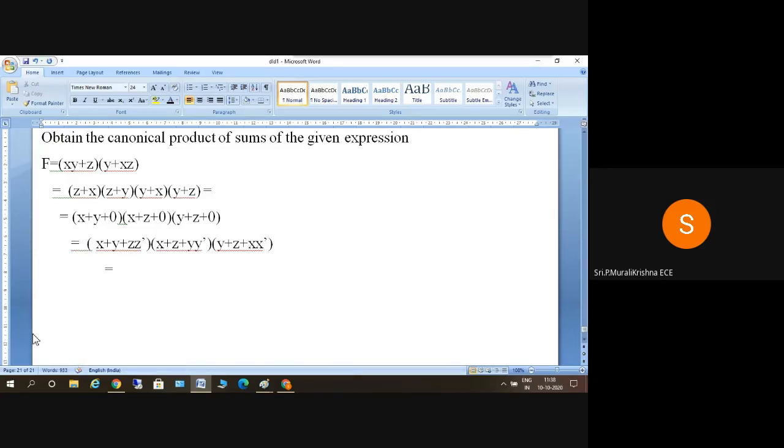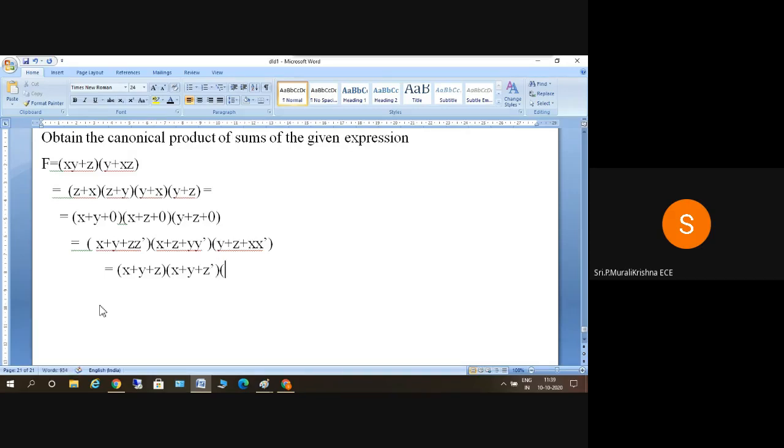Okay. And here x plus y z z bar. So here I can consider this as x and this as yz. So x plus y into x plus z. So it is x plus y plus z and x plus y plus z bar.